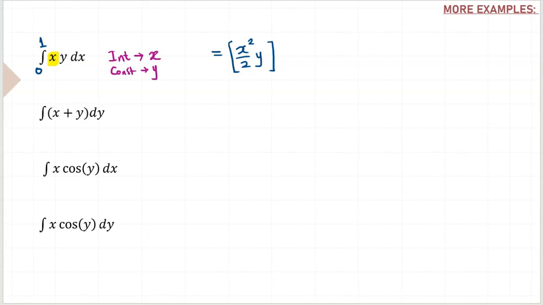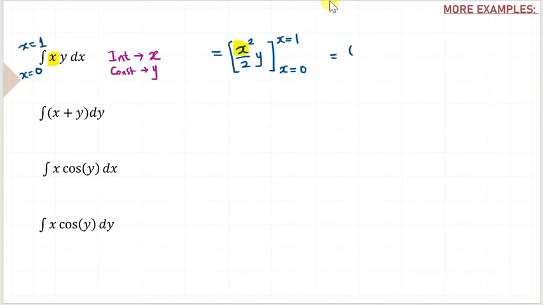Now, since you are integrating with respect to x, these limits are for x. So here you have to replace x by 1 and 0. Be careful with this. You cannot replace y with 1 and 0 because you have integrated with respect to x.